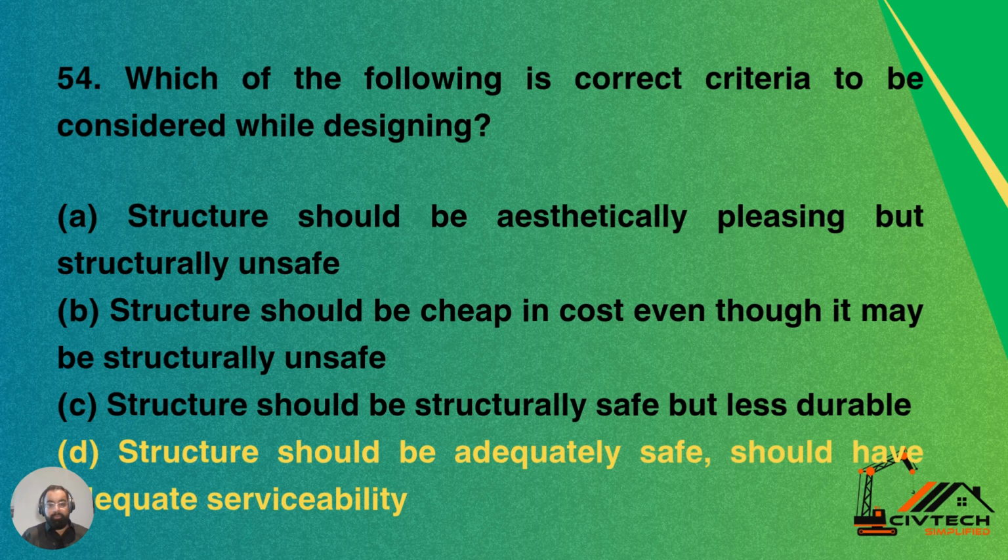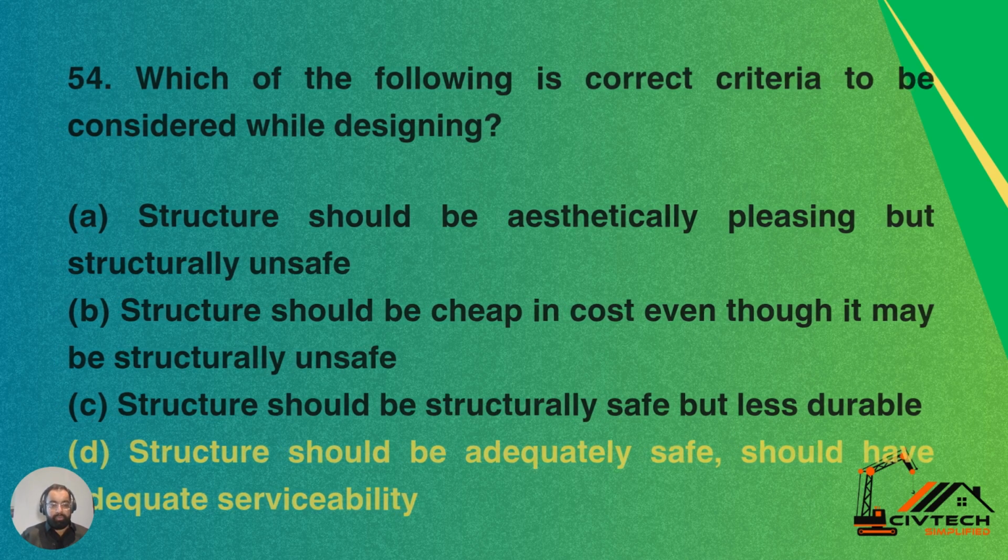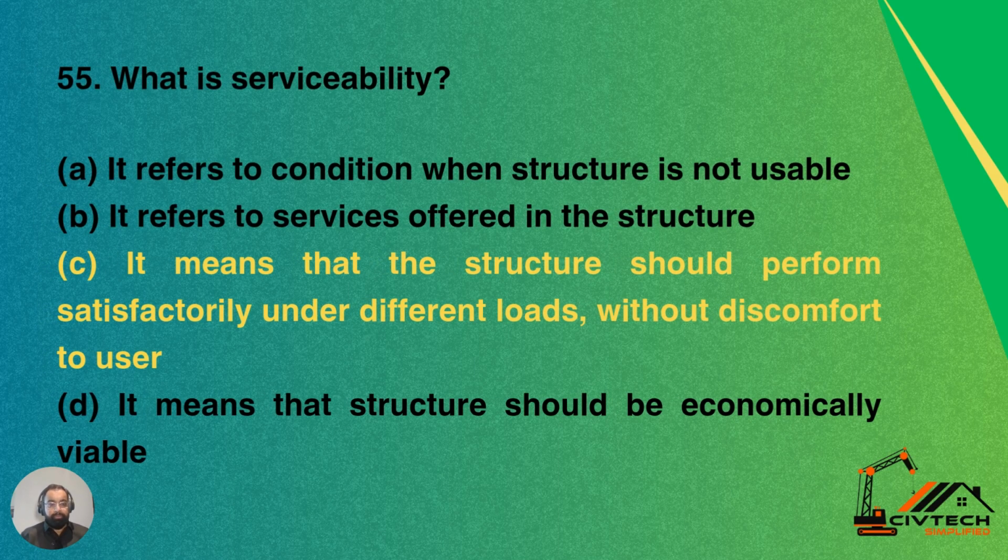Option C, structure should be structurally safe but less durable. Option D, structure should be adequately safe and should have adequate serviceability. So the correct criteria for designing is D. The structure should be adequately safe as well as adequately serviceable. So D is the correct answer for this question.